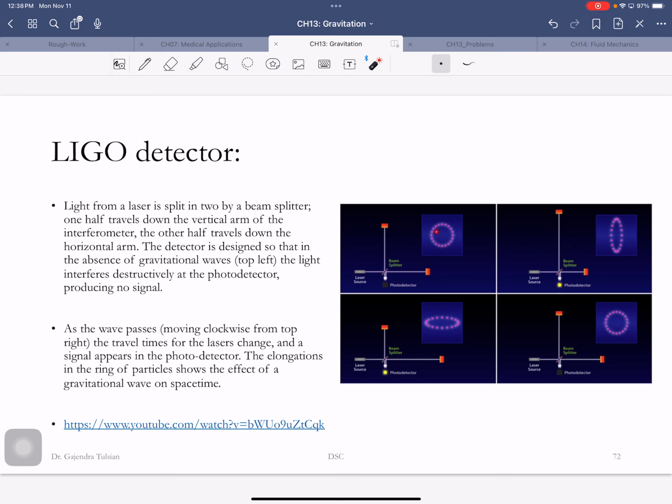If no gravitational wave passes, they'll be in a circle like that. And when a gravitational wave passes, this circular space gets distorted like that. It got stretched that way, and then got stretched this way, and then back like that. So it would stretch that way, go back to a circle, then compress that way, and then go back to a circle.